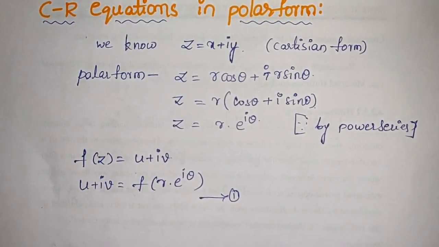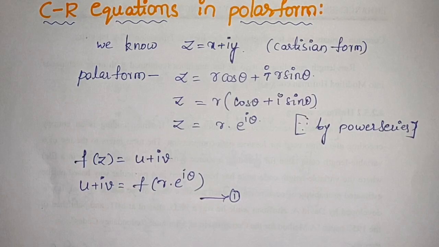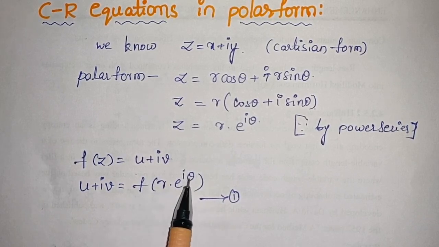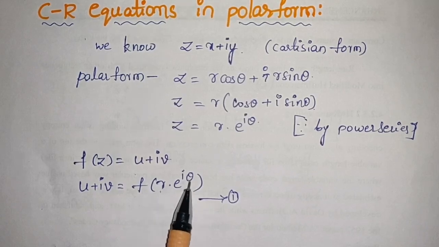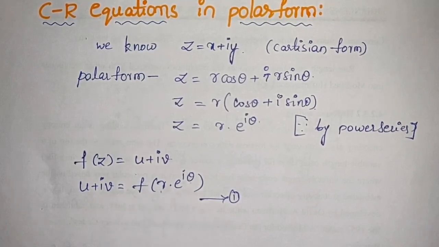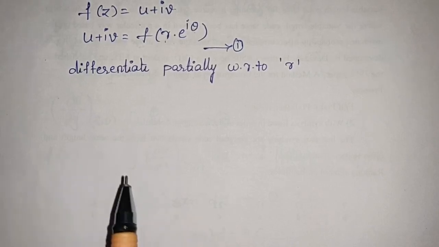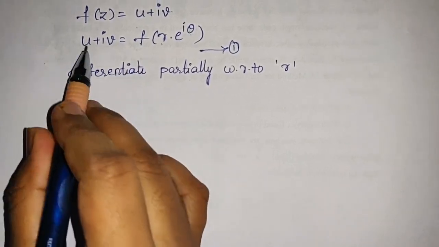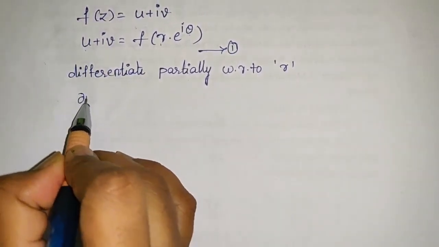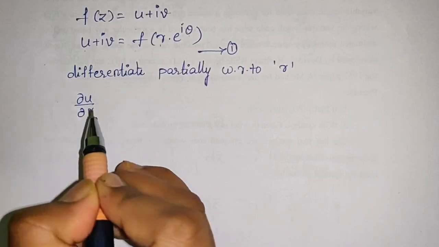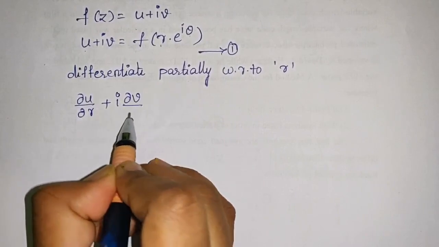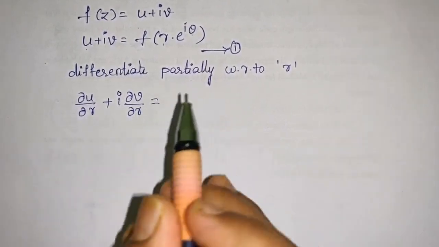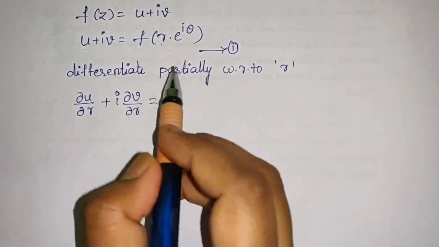Now we have to differentiate this equation partially with respect to r. Here r and theta are there, no? So we need to differentiate partially with respect to r and theta. First of all, we'll do with r. When you are differentiating with respect to r, the left side term will be dou u by dou r plus i into dou v by dou r equals, right side also you need to differentiate.